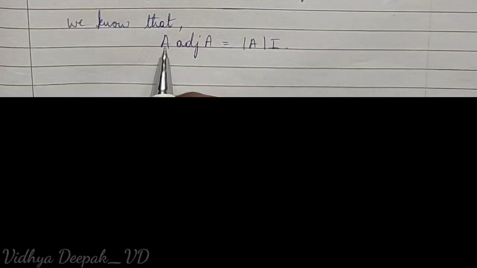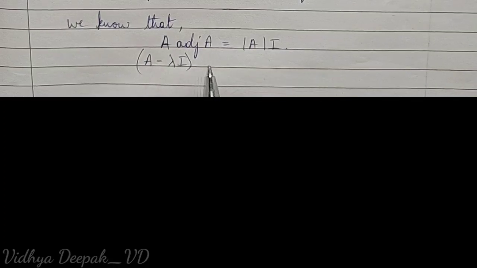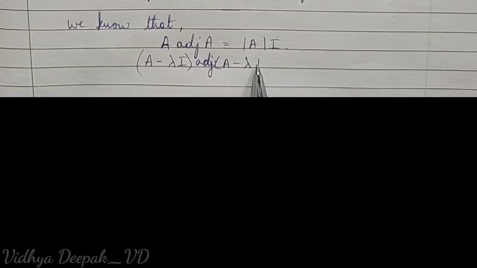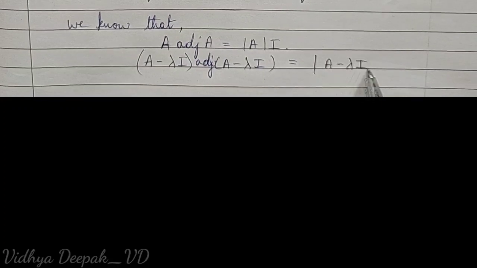Now if I replace this matrix A with A minus lambda I, wherever I have A, I am replacing it with A minus lambda I. So this becomes A minus lambda I into adjoint of A minus lambda I is equal to determinant of A minus lambda I into I.